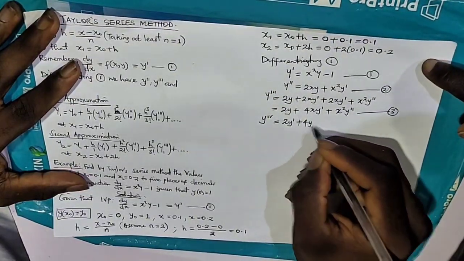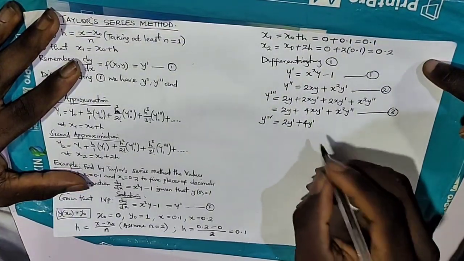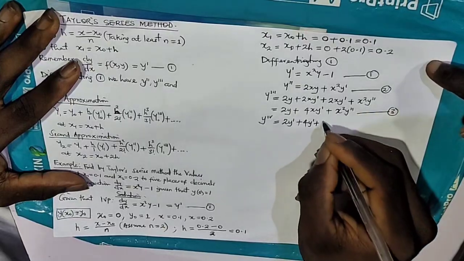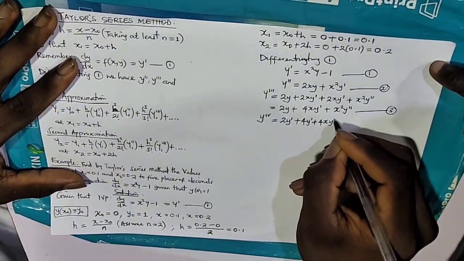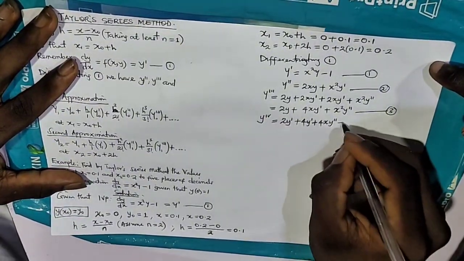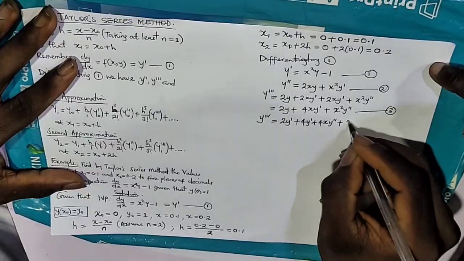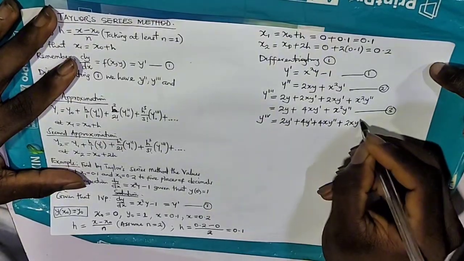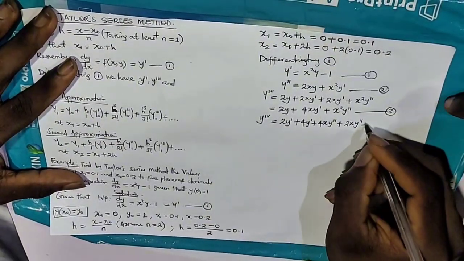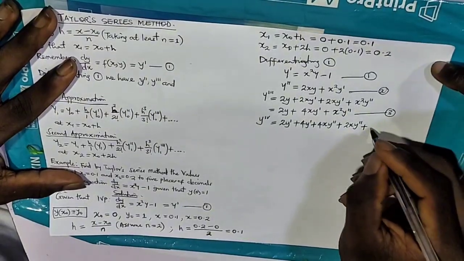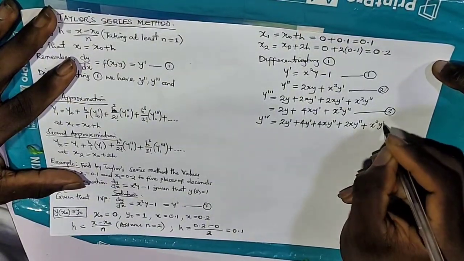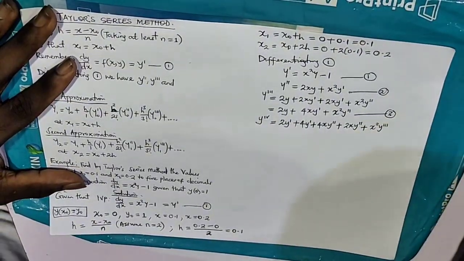We have 4y prime, right? Yes. With respect to y, you have 4xy prime, right? Yes. With respect to x, you have 2xy prime, right? Yes. With respect to y, you have x squared y prime. Okay. Do you agree with me?